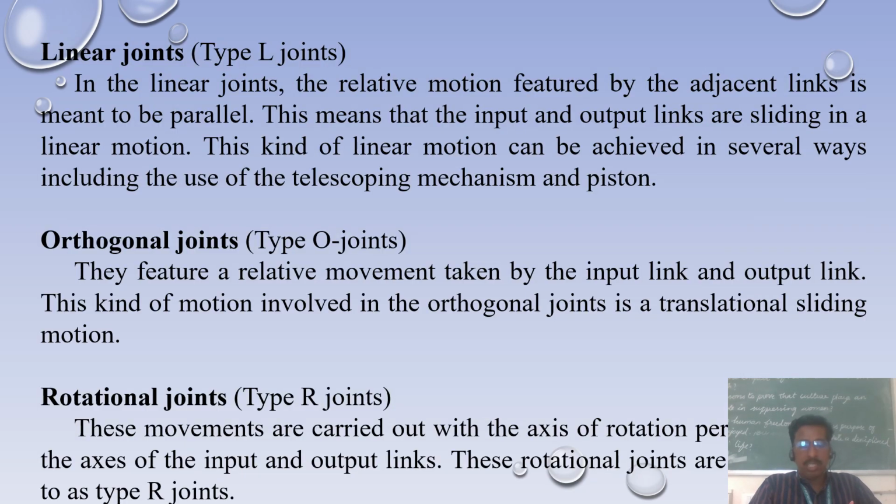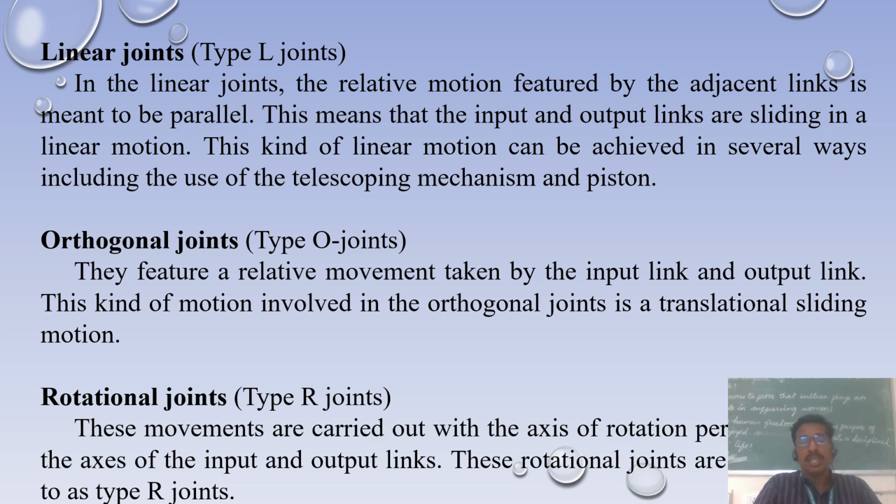There are different types of joints. The first one is the linear joint. Each and every joint is named using different letters. The linear joint is typically named a type L joint. It will move like an L position.